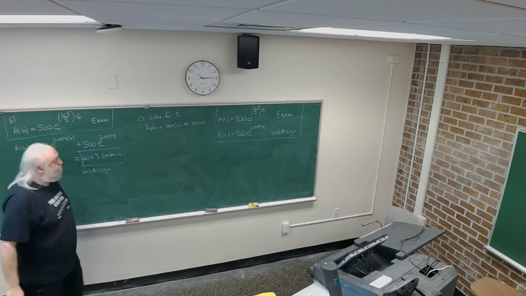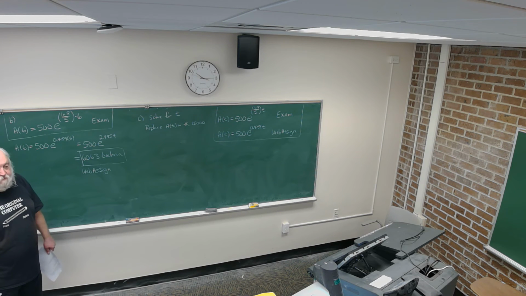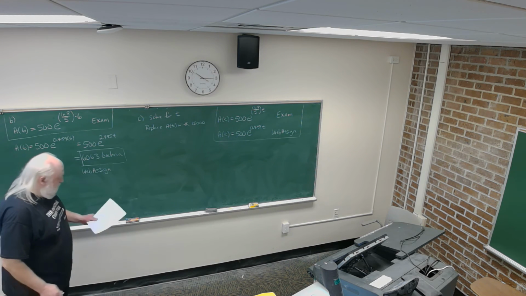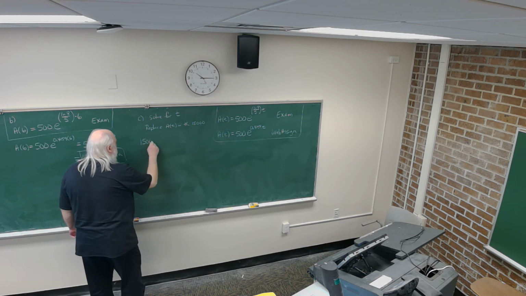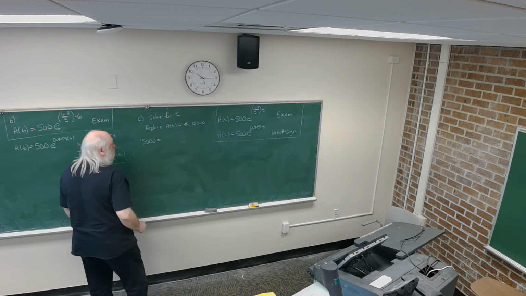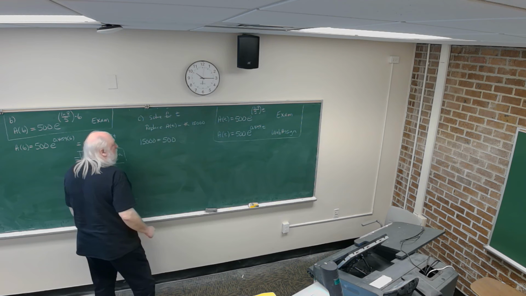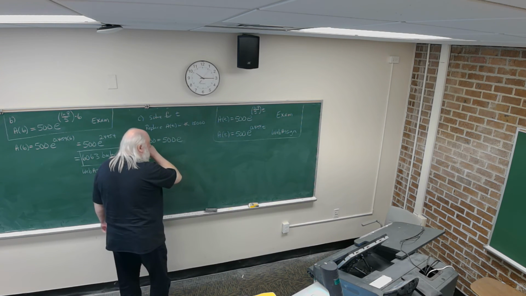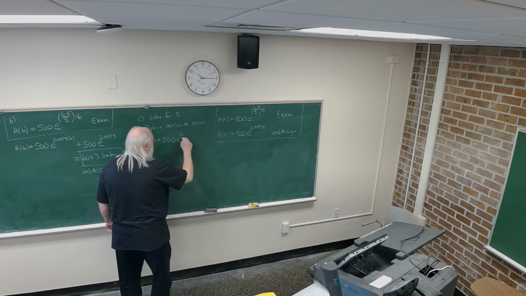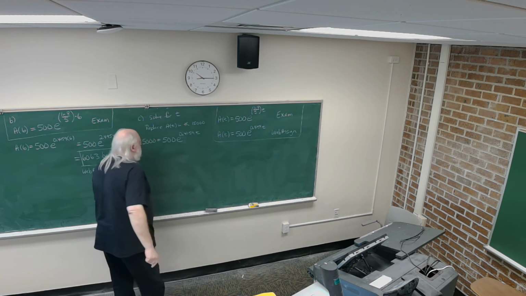At some point, the number of bacteria is going to be 15,000. What's the value of T? Okay. So we have 15,000 is equal to 500 times E raised to, I'm just going to do the WebAssign version, 0.4159 T power.